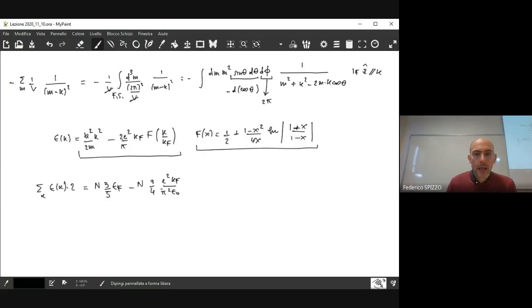In this, just to understand the relationship between those two terms, it's useful to use a parameter that is presented in the textbook.